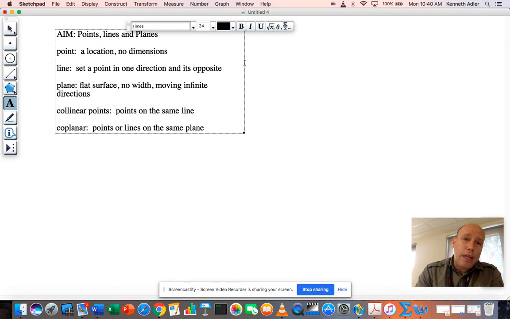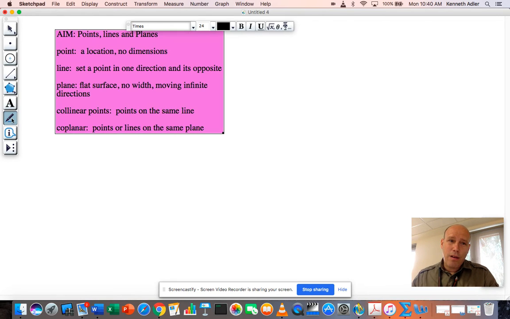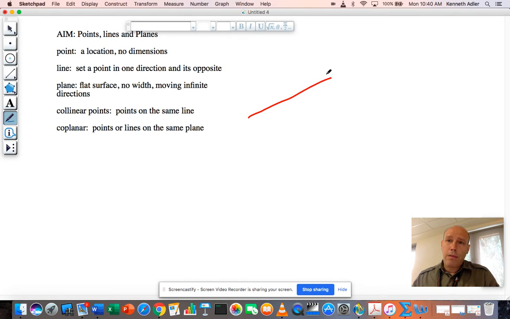So collinear points, let's draw a picture here. If we have this line, and here's point A, point B, point C, we would say that A, B, and C are collinear.